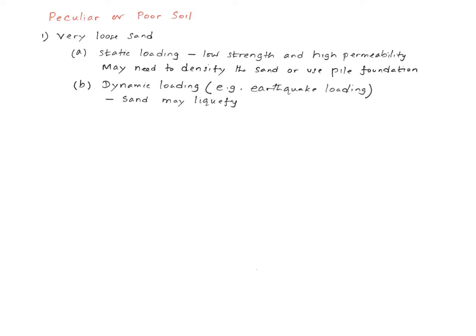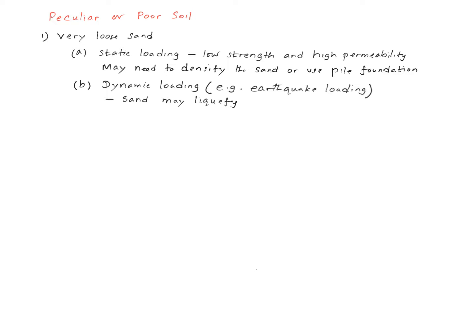We have a more serious problem when the structure is subjected to a dynamic loading like an earthquake loading. And in this case, the site might completely liquefy. That is, the saturated sand in the site could turn into a liquid, like it happened in many places in California during the past earthquakes.